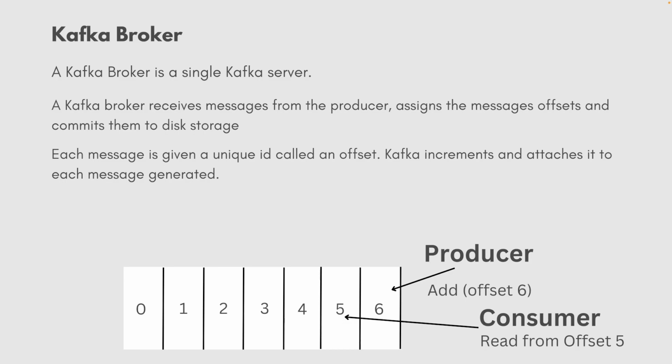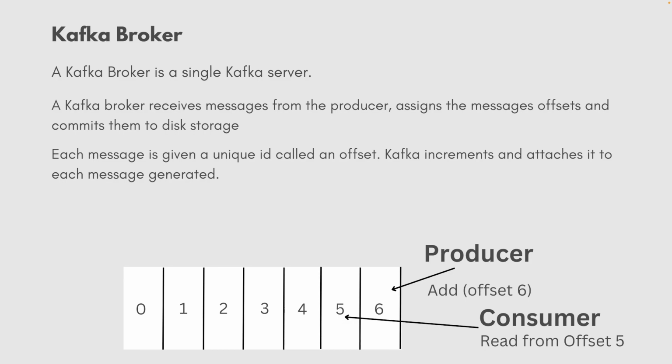Say for instance there was an issue while the consumer was reading from offset 4. Well, okay, that's fine because we still committed that offset to the storage. So when we come back, we know that the consumer was at 4 because it was saved before it crashed. And now we can start reading from 4 and continue on to 5 and continue on to 6 until there are no more messages in the topic, right?